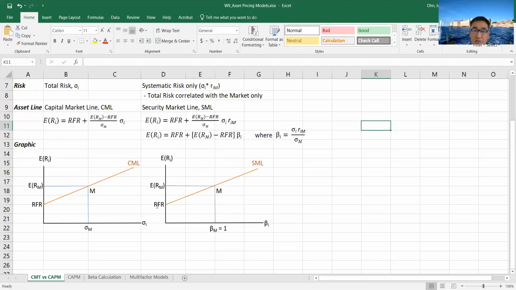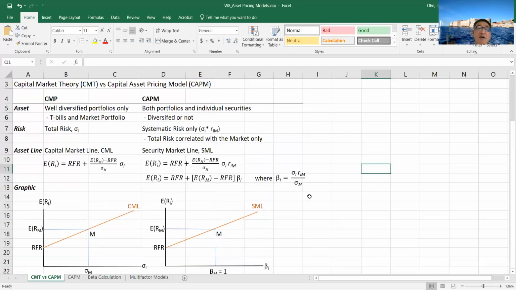If you connect the risk-free rate of return intercept and this market portfolio with a straight line, it is called the security market line, right? Just 1 second. That was my puppy. Okay.